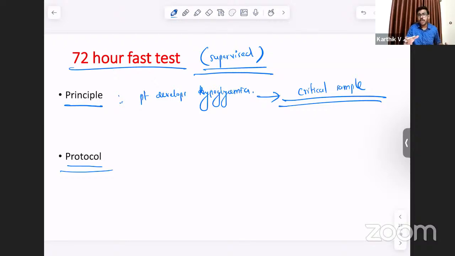And if there were no previous episodes prior to that, and this is the first episode of hypoglycemia during a critical event like sepsis in the absence of organ failure, then you should consider the possibility of sepsis, and also you should take into consideration the possibility of drugs, because many of the antibiotic drugs like the quinolones that we have discussed, the sulfonamides, all these can also result in the precipitation of hypoglycemia.